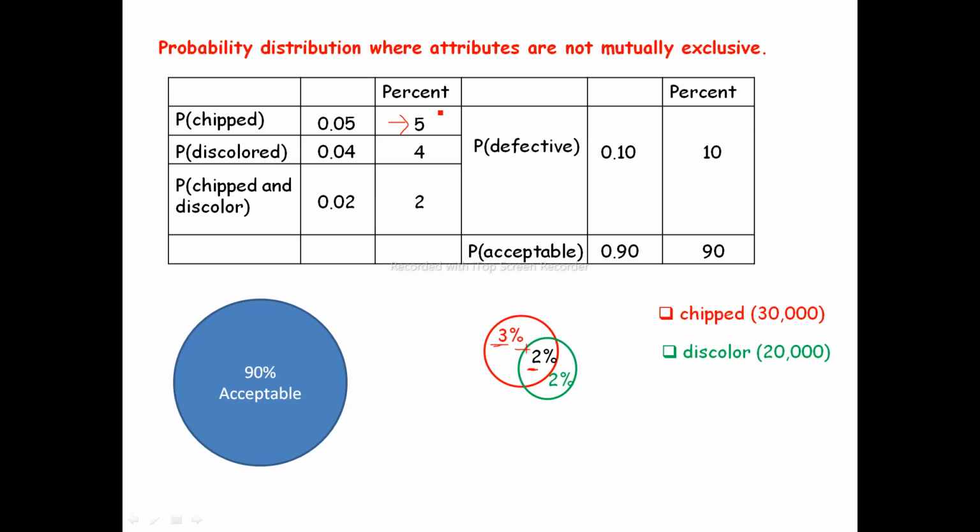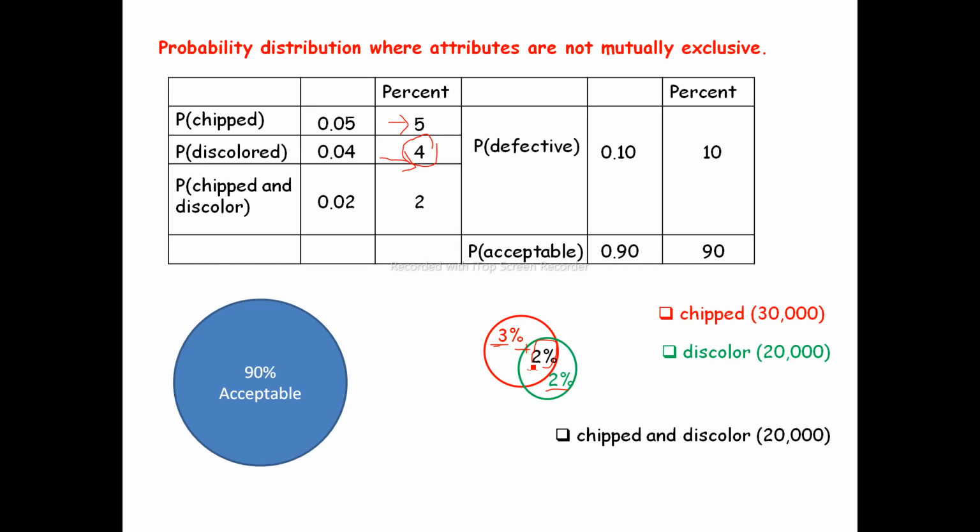Similarly over here only discolored is 4%, isn't it? And over here you can see only discolored is 2% and this 2% is chipped as well as discolored. So 2 plus 2 will become 4, isn't it? So in this manner you can see.